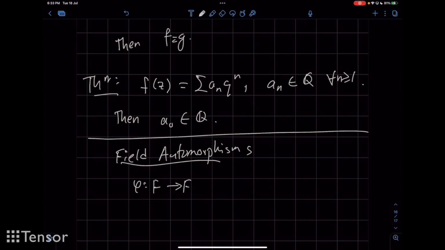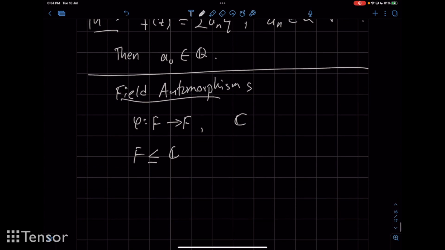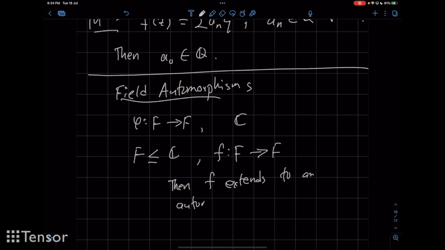And the nicest field we know is the field of complex numbers. There is a very interesting result: suppose F is a subfield of the complex numbers, and we have an automorphism of F. Then this automorphism of F extends to an automorphism of C.